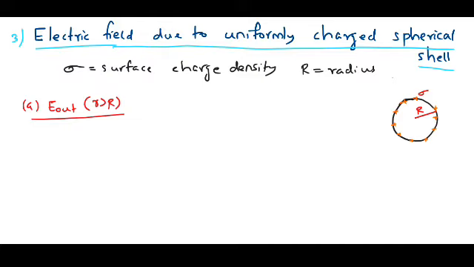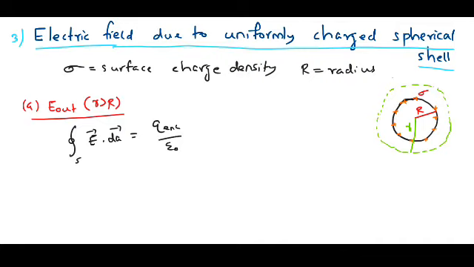To find the electric field outside, we will construct a Gaussian surface, which has a radius small r. Then we have Gauss's law, that is the surface integral of E dot dA is equal to Q enclosed divided by epsilon 0.